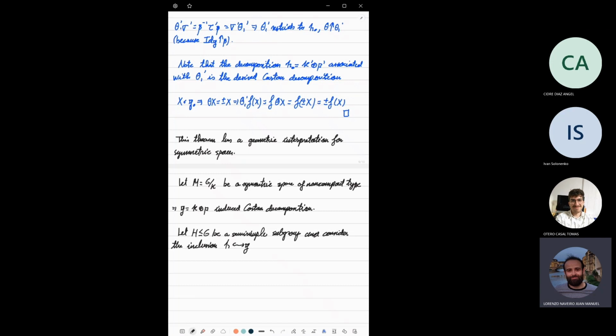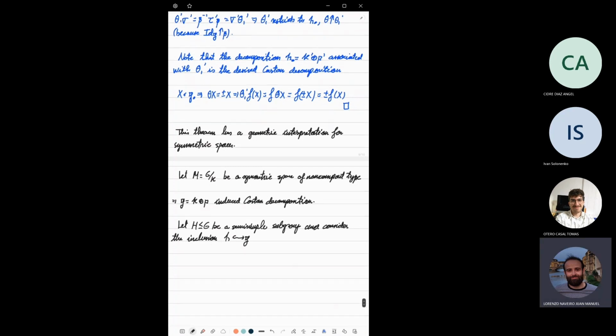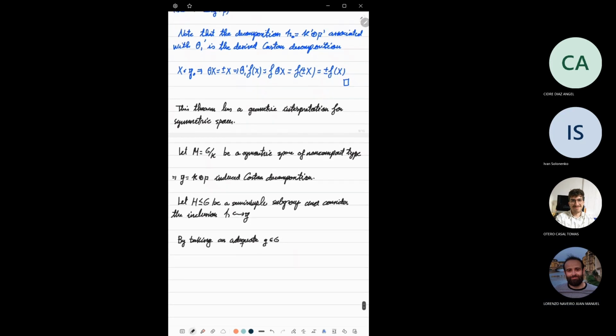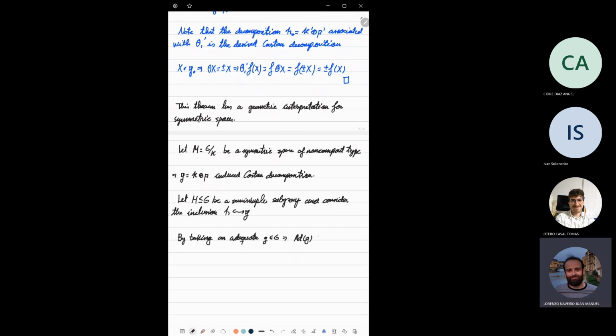In other words, recall that Cartan decompositions are conjugate by elements of the adjoint image of G. So what this means is that taking an adequate conjugate, we see that H is going to split with respect to G. So by taking an adequate g in G, what we see is that Ad g of h has a Cartan decomposition which comes from restricting the Cartan decomposition of G.